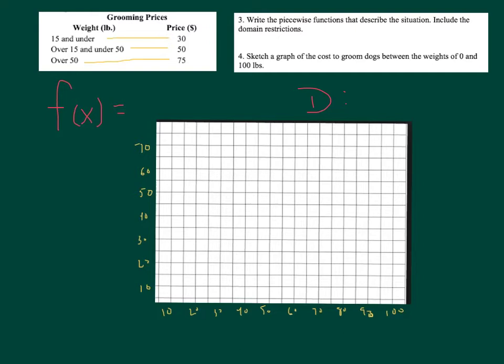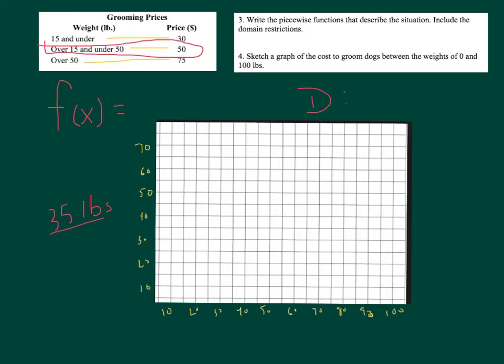So what I want to do is work through, say, the dog that weighs over 15 pounds but under 50, and think about how I'm going to discuss this. First of all, say I had a dog that weighed 35 pounds. How much does it cost to get that dog groomed?